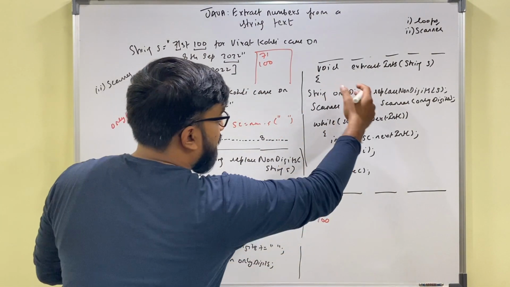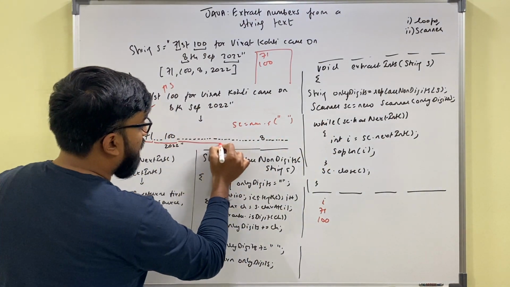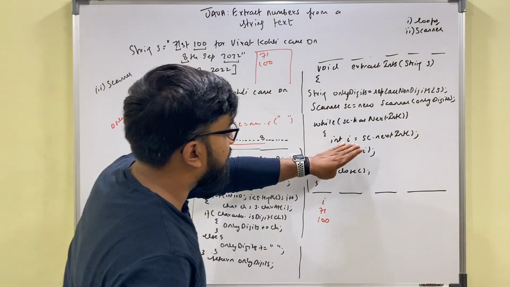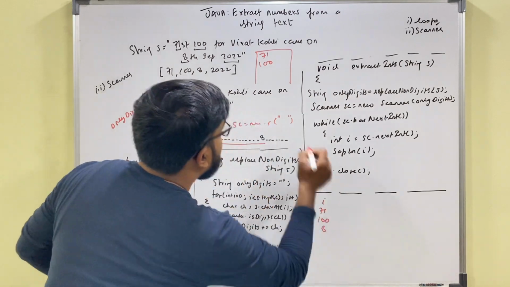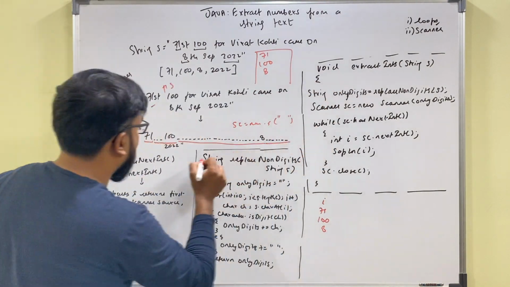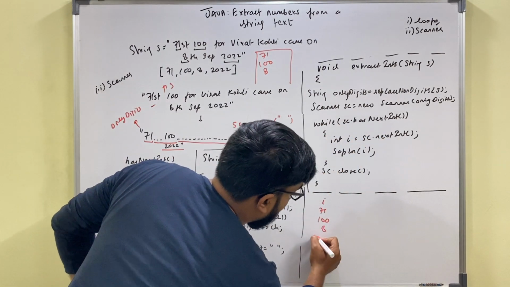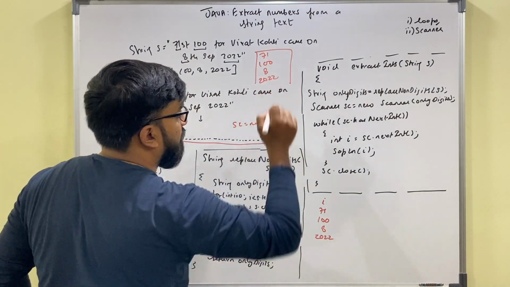You check the while condition again; it says yes, there is an integer available, which is extracted using nextInt. So i is now 8, which is printed. Checking again, hasNextInt returns true because there is 22, which is extracted into i, and you print i, which is 2022.